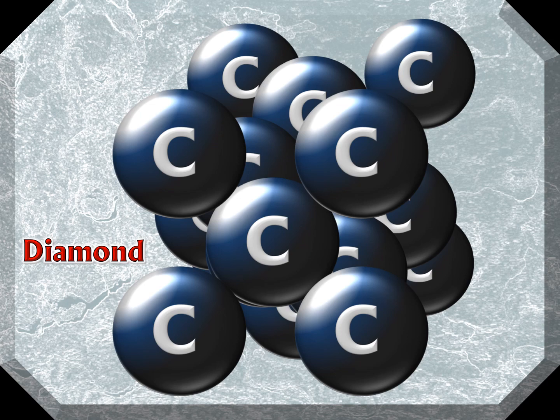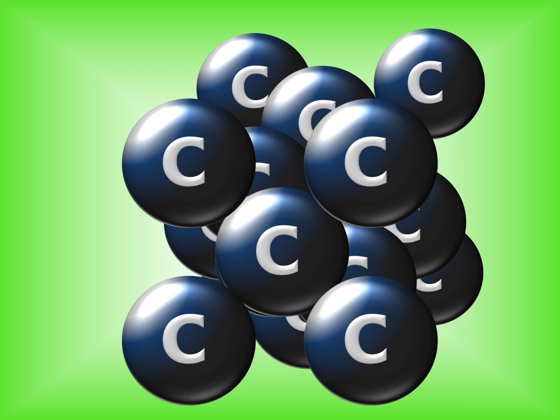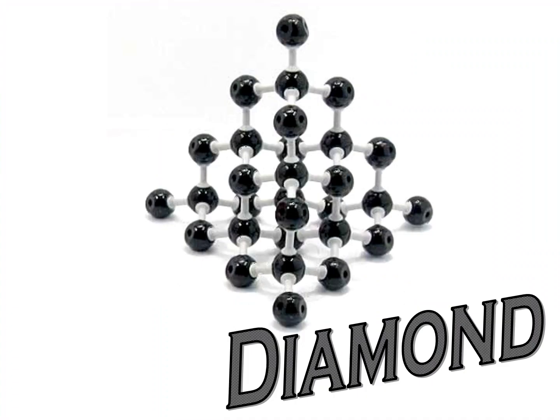Maybe you can't see it here. But if I add the cubic structure, there you go. You can sort of see that it's very, very strongly connected in every possible direction. Well, that is what makes diamond the hardest of all the minerals, all the naturally occurring minerals.